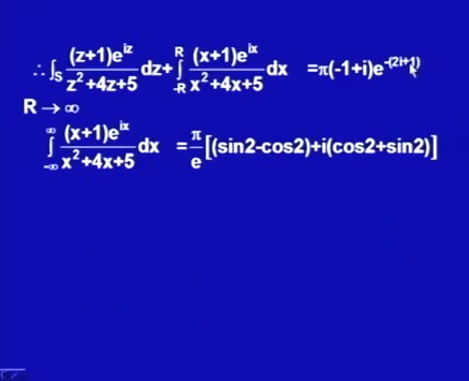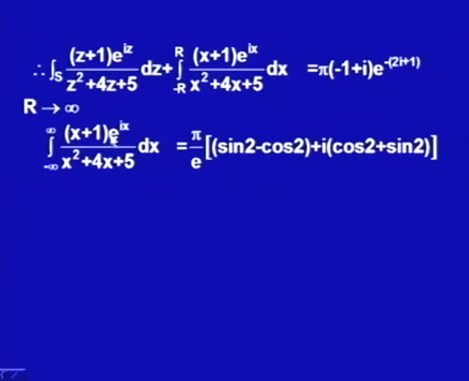So, e to the power minus 1, I am writing as pi upon e, and e to the power minus 2i we could write as cos 2 minus i sin 2. So, we have minus 1 plus i into cos 2 minus i sin 2; multiplying and writing the real and imaginary parts separately, we get sin 2 minus cos 2 plus i times (cos 2 plus sin 2).